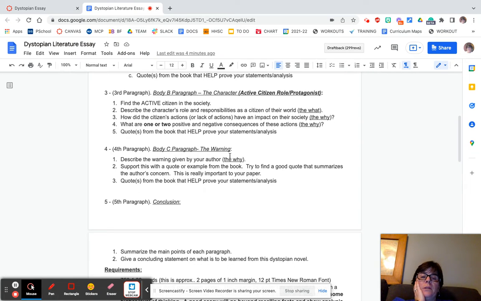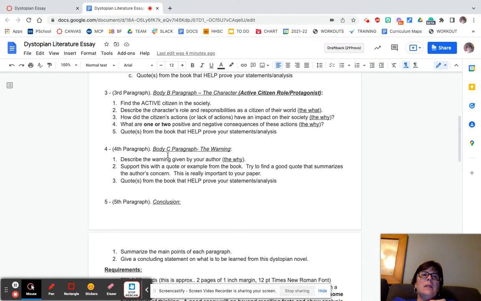Fourth paragraph is the warning. So this is where you're really going to talk about what you think the author is trying to warn us about. Because dystopians like this, I can't wait for you to read and to unwind. But in Anthem, nothing is completely far-fetched. Is it ever going to happen?